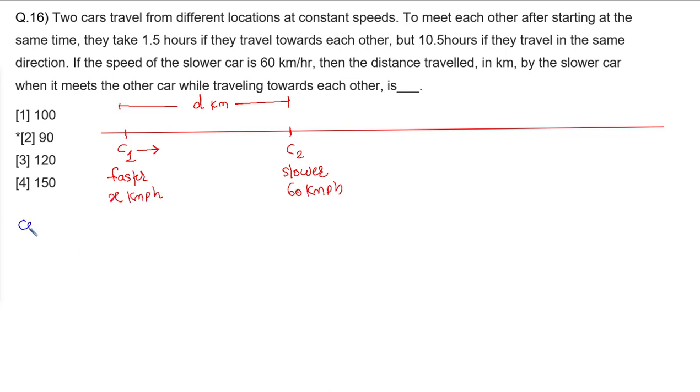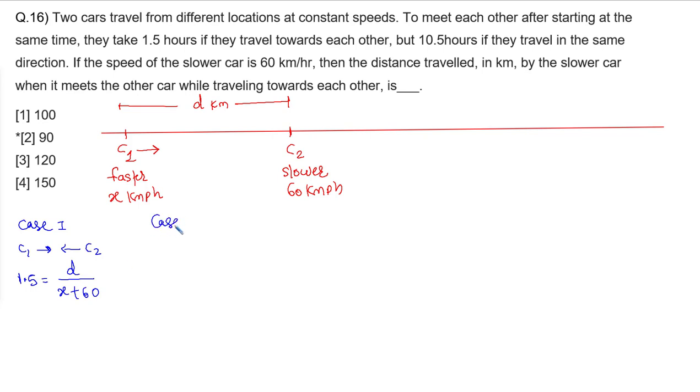Now in the first case, car 1 and car 2 are going to travel towards each other. So the time required to meet is equal to 1.5 hours, which is equal to the distance between them, d, divided by the relative speed, x plus 60.